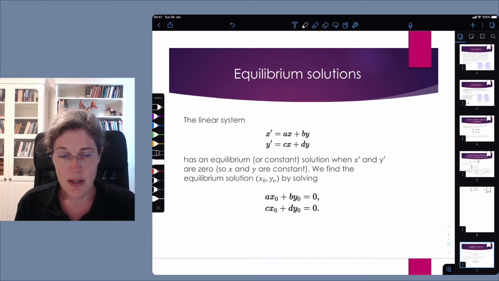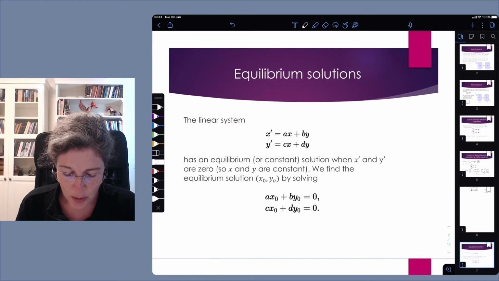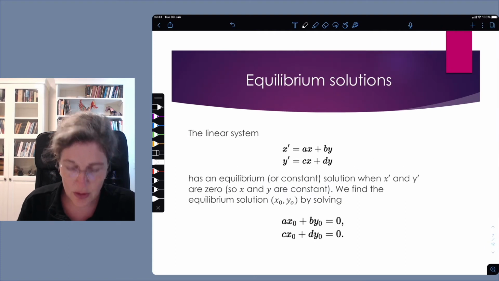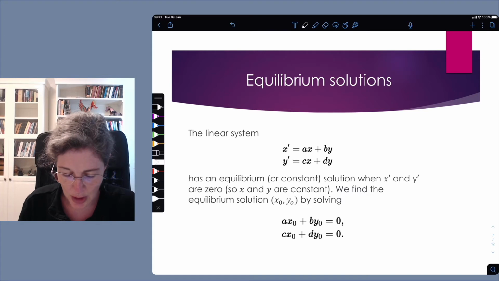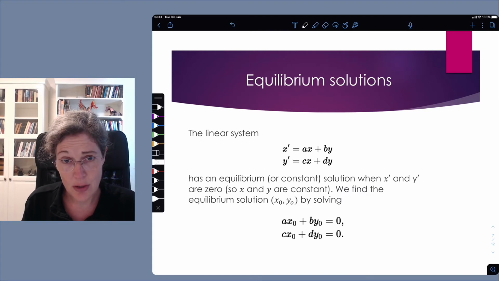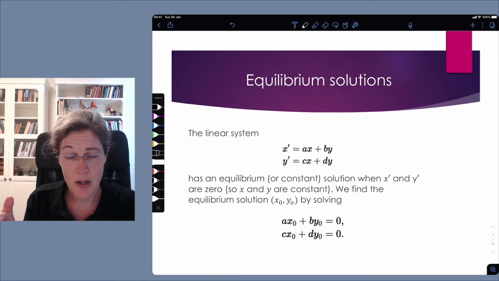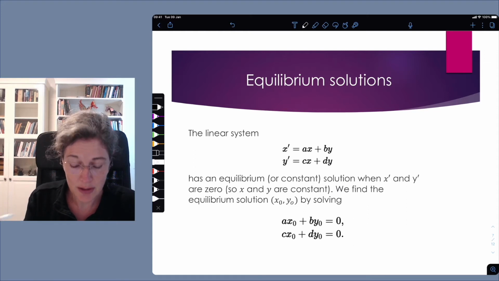So the first thing you might think is, okay, what's the simplest solution I could think of? Since we're talking about differential equations, we can think about simple solutions which are constant, otherwise known as equilibrium solutions. If you have a constant solution, then obviously your derivative must be zero, because if your x and your y are constants, they're not changing, the derivative is zero.